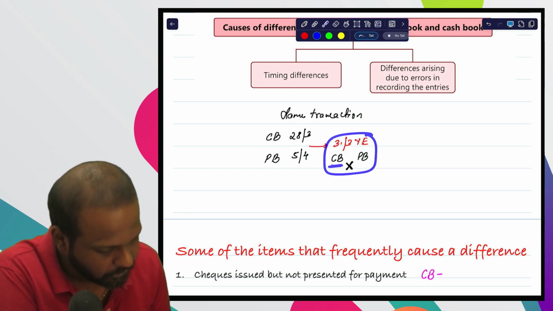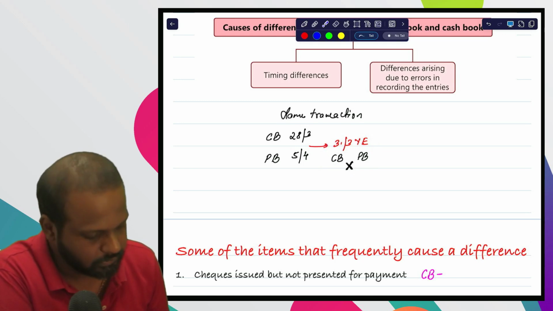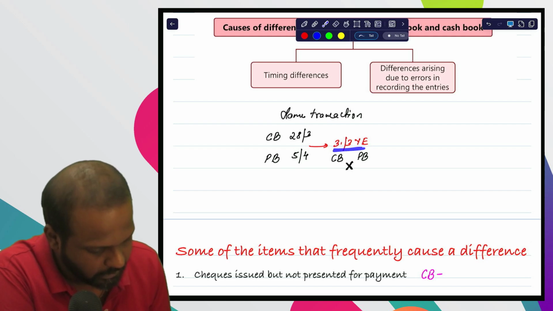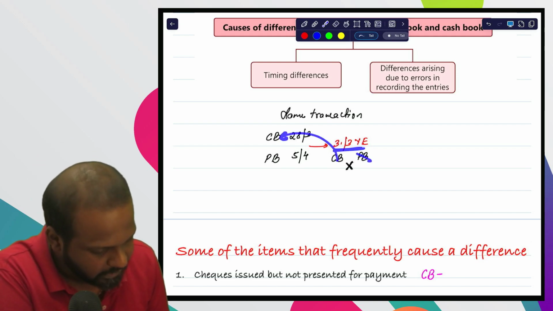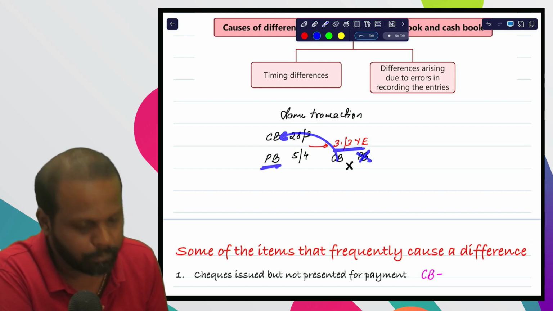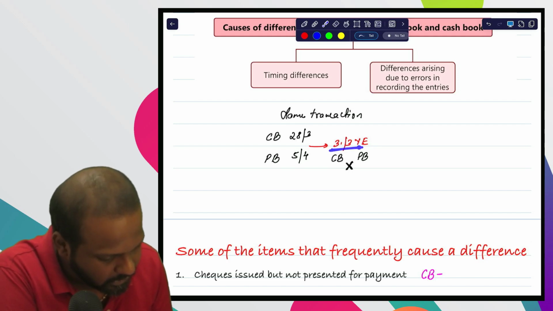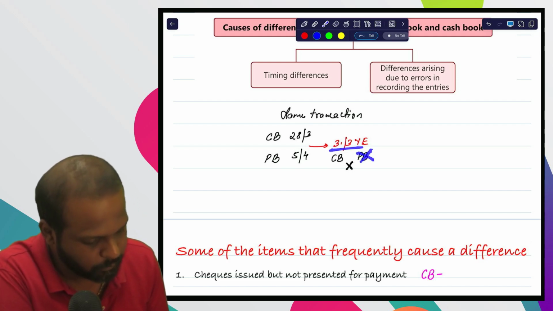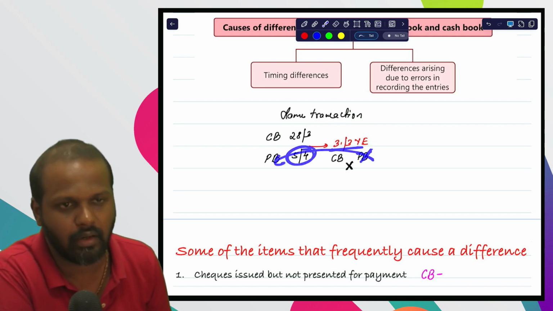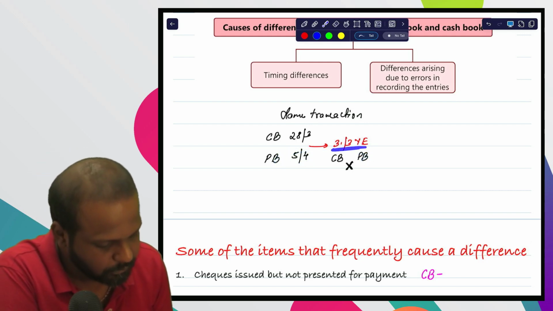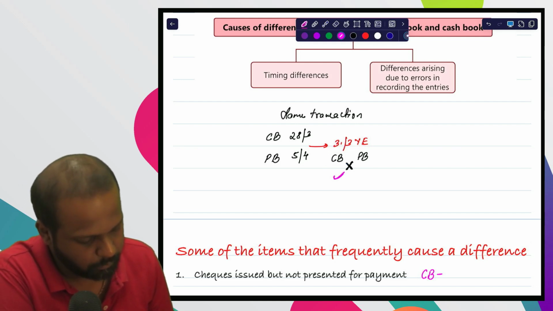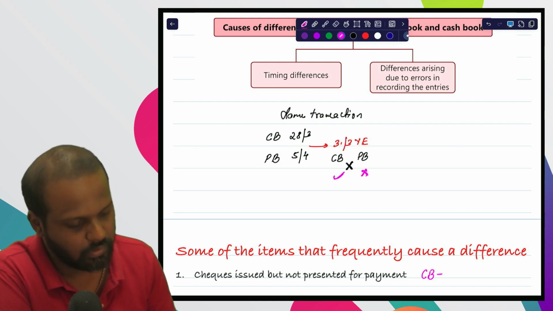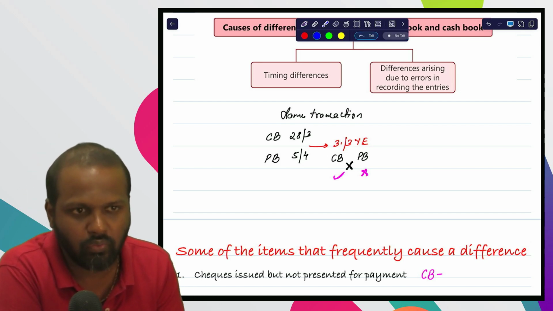Why? Because till 31st March, the entry is recorded in cash book, but not in the passbook. Passbook recorded it on 5th April, but till 31st March you will find the entry in the cash book. So the entry is recorded in one book but not recorded in the other book. Then obviously on that day, these two balances will not tally.